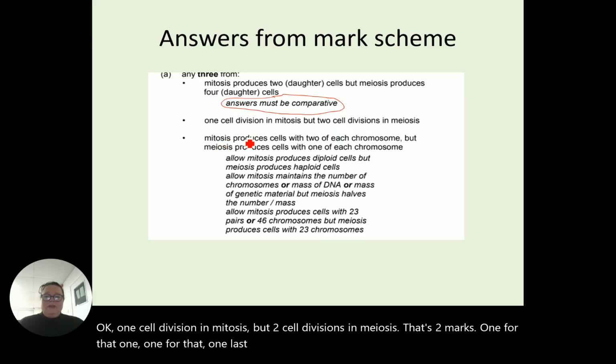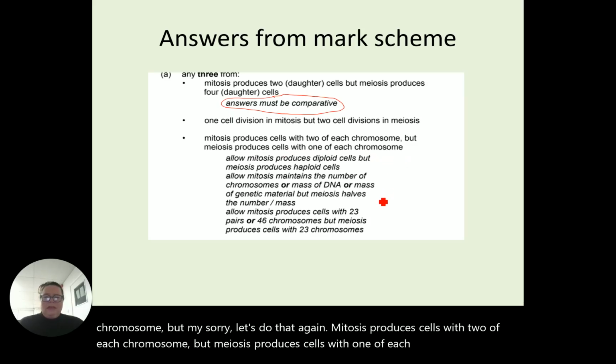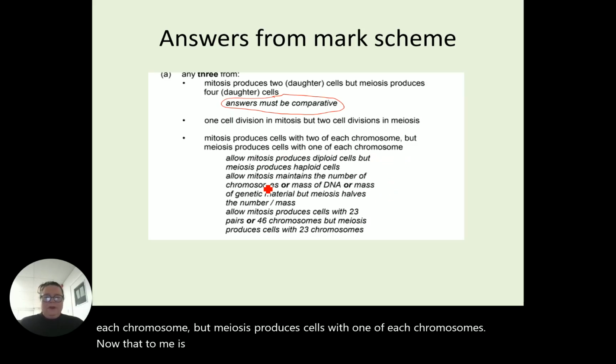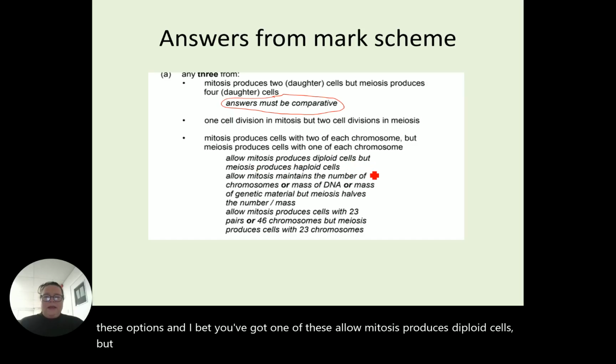Last one. Mitosis produces cells with 2 of each chromosome, but meiosis produces cells with 1 of each chromosome. Now that to me is very confusing, but if we look down here, we could have any of these options, and I bet you've got one of these. Allow mitosis produces diploid cells, but meiosis produces haploid cells.